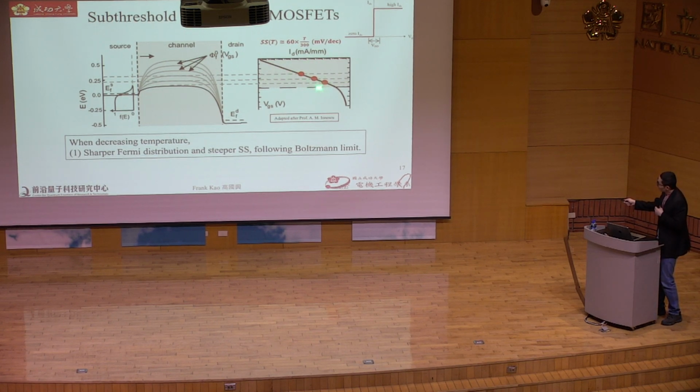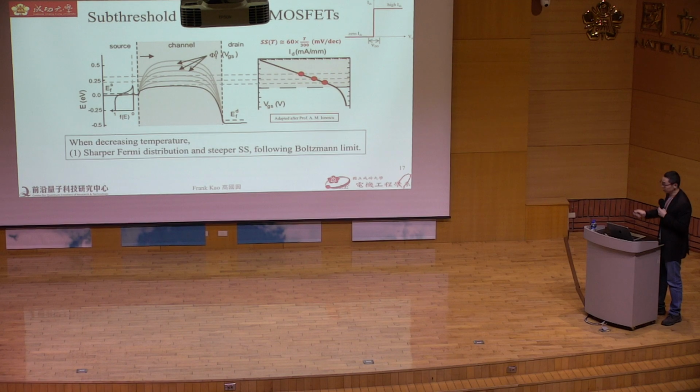So, as I said, it's all related to the Fermi-Dirac distribution. That's the reason why this slope is also a function of temperature, because when you change temperature, you change the distribution. When you reduce the temperature, this device parameter is getting smaller.